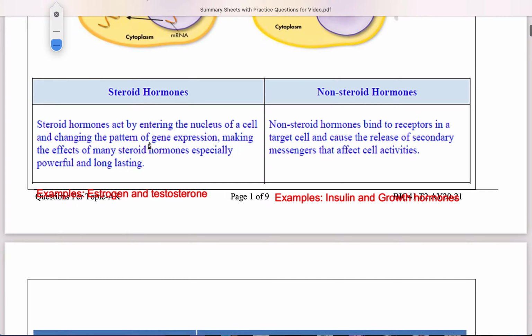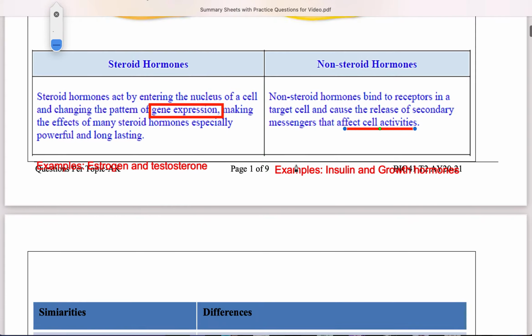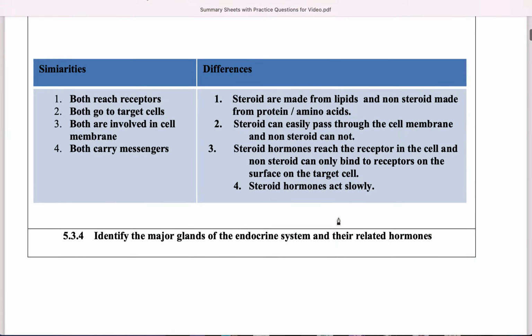You can just read over it, but remember, this is mainly responsible for gene expression. And over here, the non-steroid hormones affect the overall main cell activities. Examples are estrogen and testosterone for steroid, and insulin or growth hormones for non-steroid.